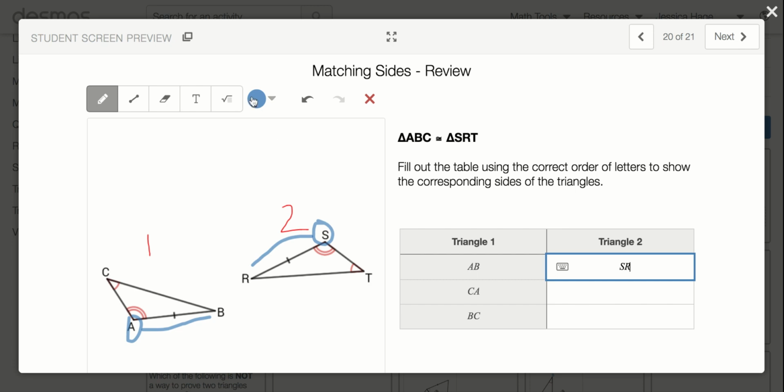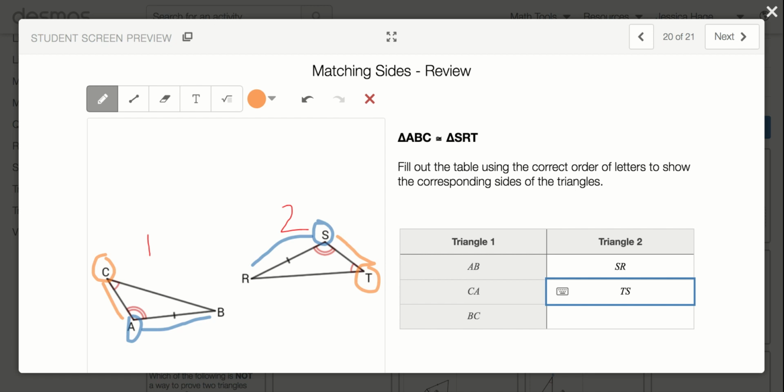And then C is congruent to T. So if we're going to do CA, we're going to come from C to A, and so we're going to go from T back to S. So we're going to name that side TS.